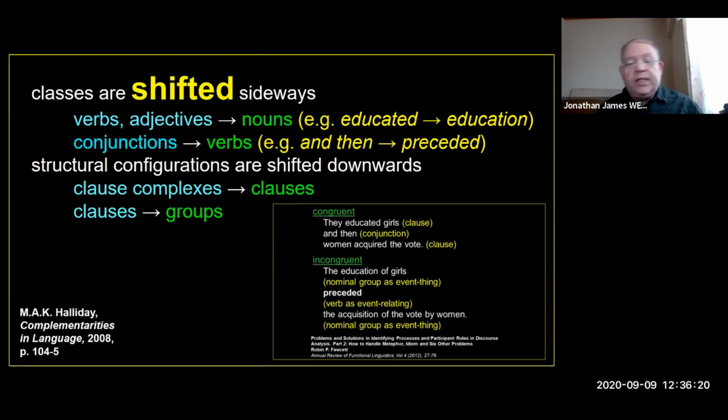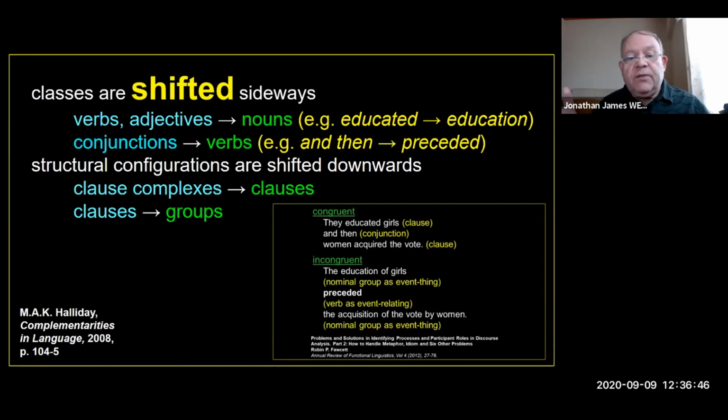Now, the point is that this shift has become so much the norm, not just in the language of science, but the language of education, academia. Not just that, even if you go into working as a bureaucrat somewhere in government, you're also going to be writing like this.